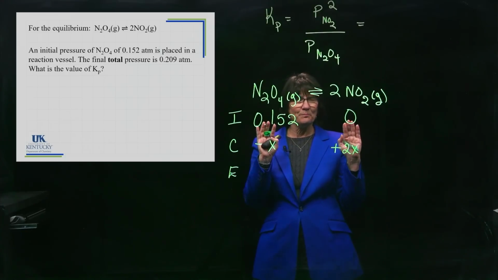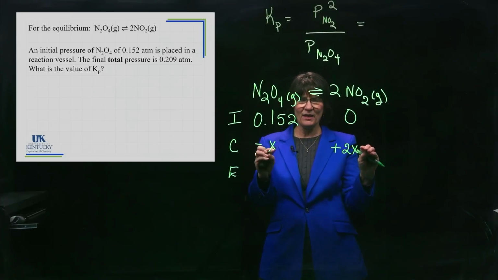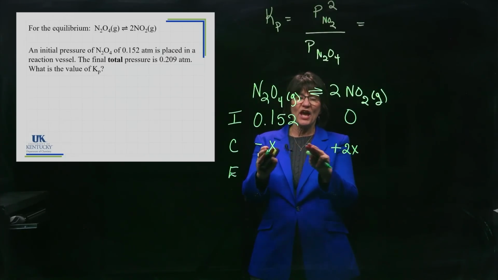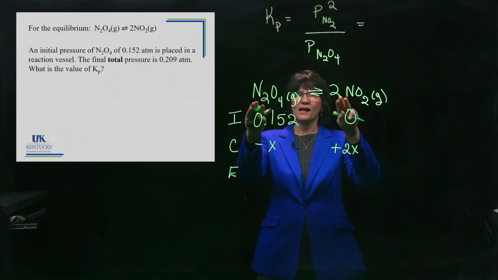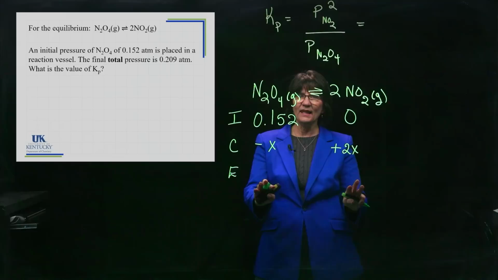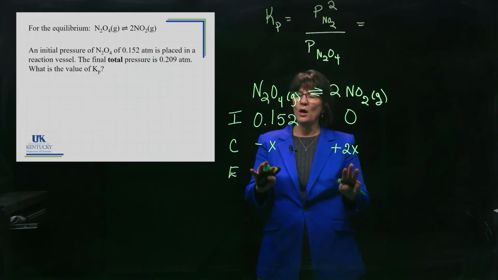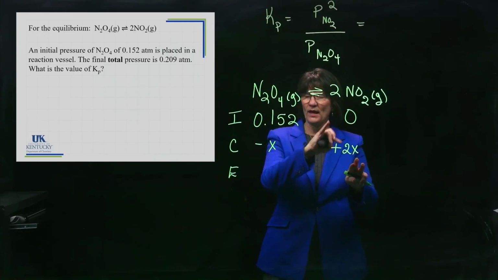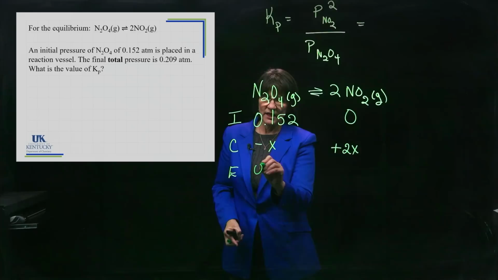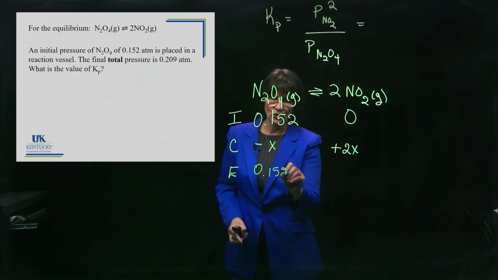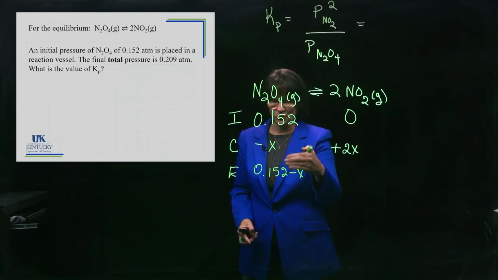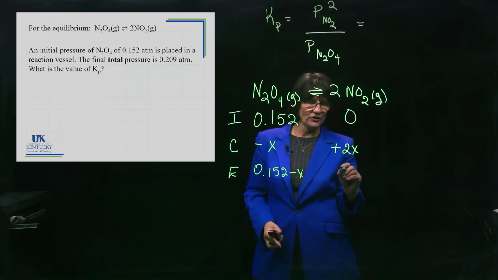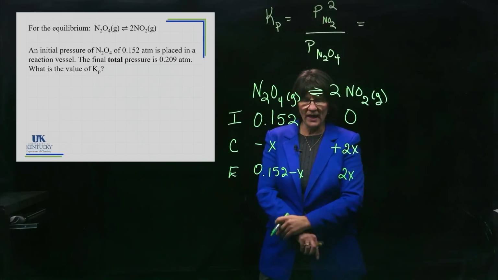Now you need to possibly pause this and think about what I just did. The change line is this reaction taking place. The I line has not got a 1-to-2 ratio. The E line doesn't have a 1-to-2 ratio. But the change line is the reaction taking place, and that is incorporating those coefficients. So here we have 0.152 minus X, because I'm taking this and doing the change to it. And this is 0 plus 2X, and we have that.